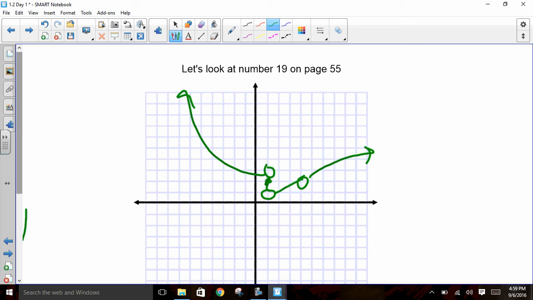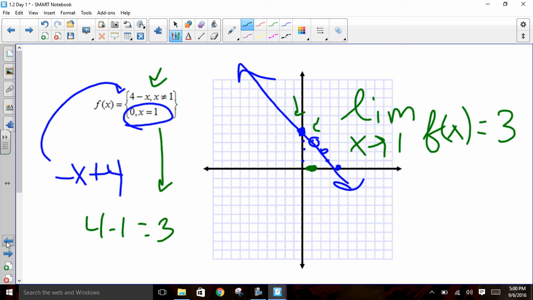Okay, so in part A, it's asking me to find f of 1. So it's saying, what is the value of my function when x is 1? If I'm going to look at my graph, here's my 1. I have 3 different potential answers. Well, if I go back a couple slides for a moment, bear with me.